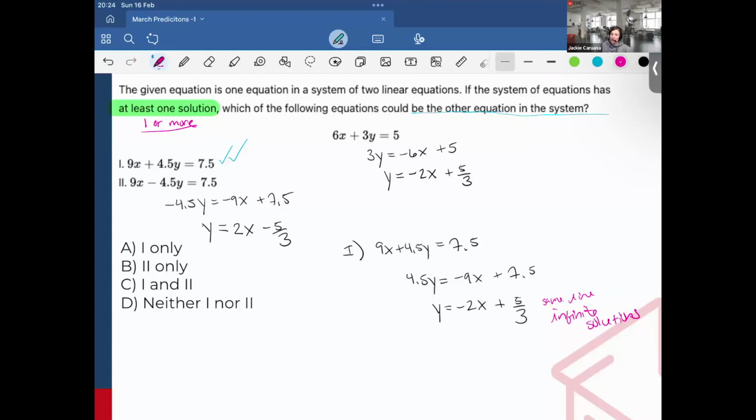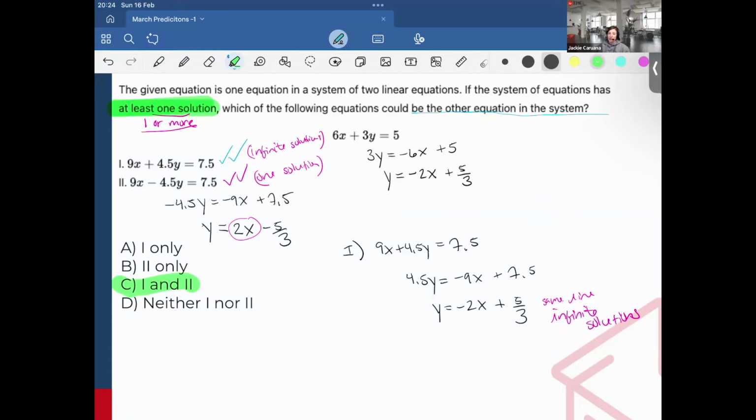So this is a totally different equation, different slope, but that means that it will intersect at one point. So this will also have one solution. So this one's infinite solutions, and this is one solution. And therefore, the answer would be 1 and 2.